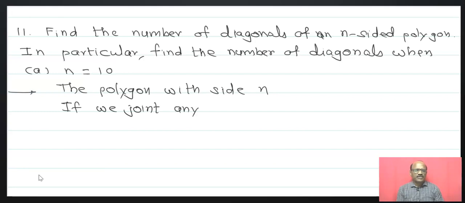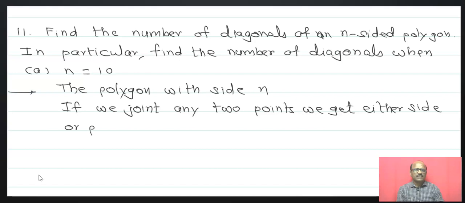Now, if we join any two points, we get this polygon with n sides. If we join any 2 points of the polygon, you will get a side or a diagonal of the polygon.